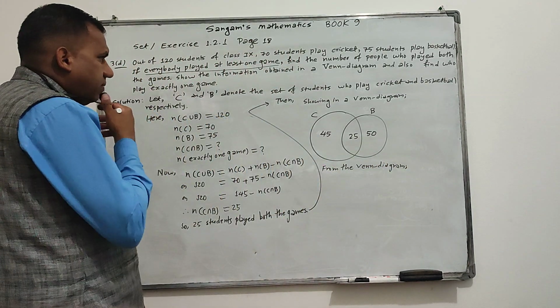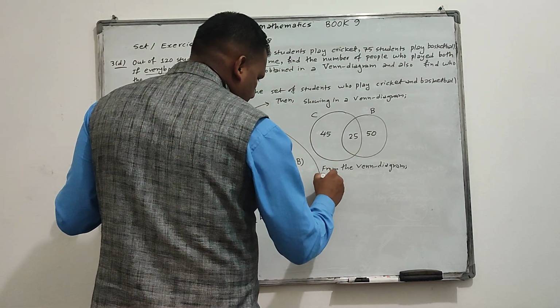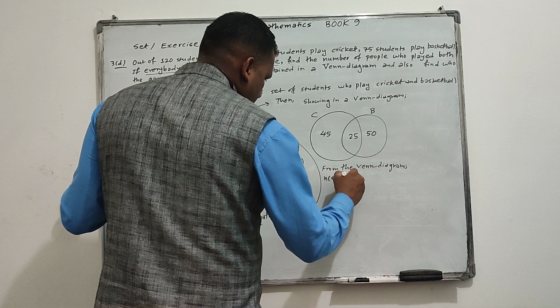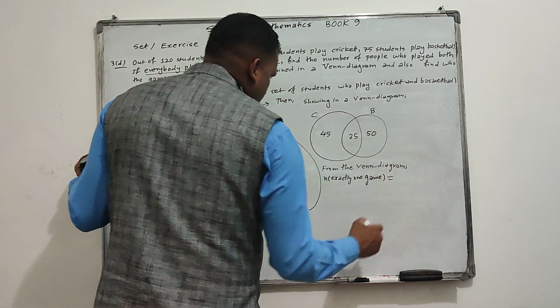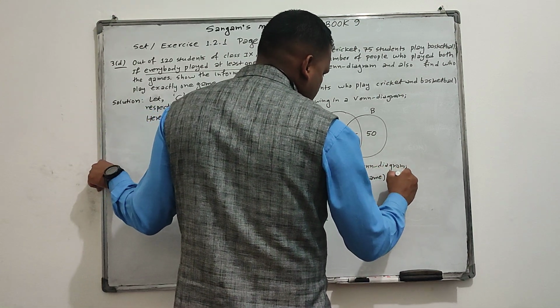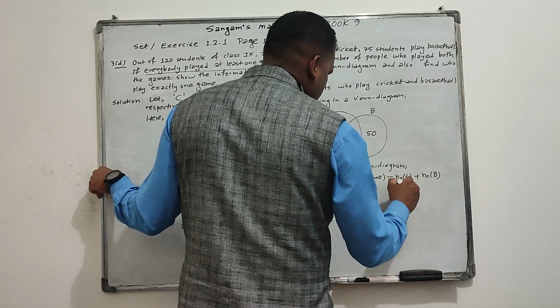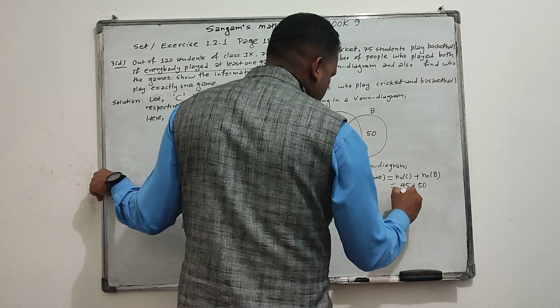we have to find who played exactly one game. Number of exactly one game equal to n naught C plus n naught B, that is 45 plus 50, that is 95.